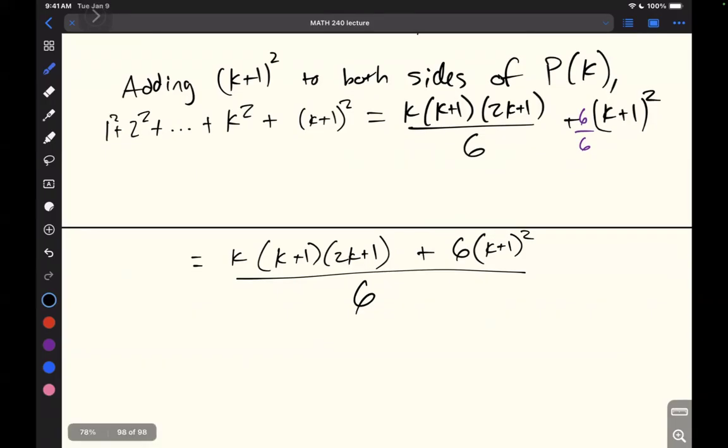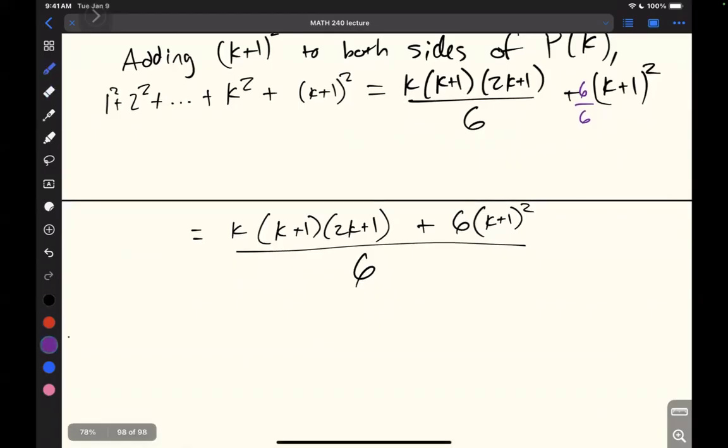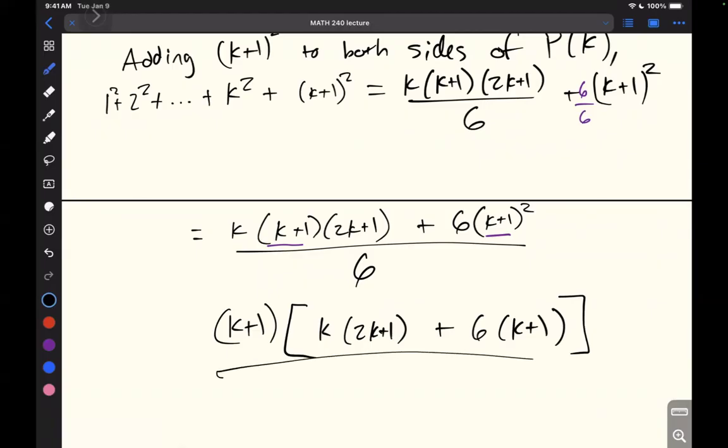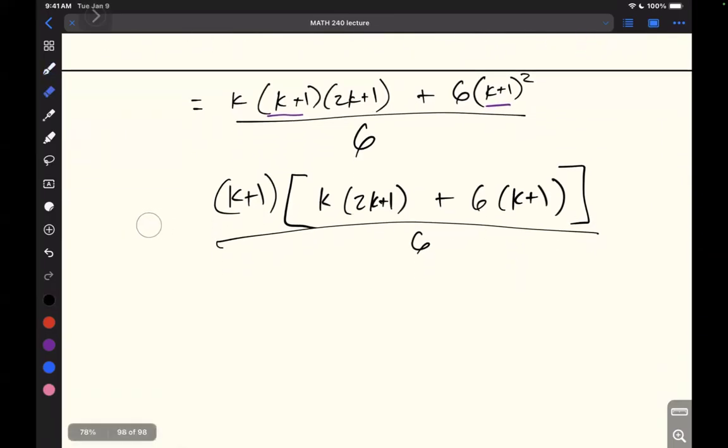All right, so now they're on the same fraction, and both of these terms have a K plus 1 in them, so let's factor that out. So we've got K plus 1 times K times 2K plus 1 plus 6 times K plus 1. And we're still all over 6. And we can FOIL this out.